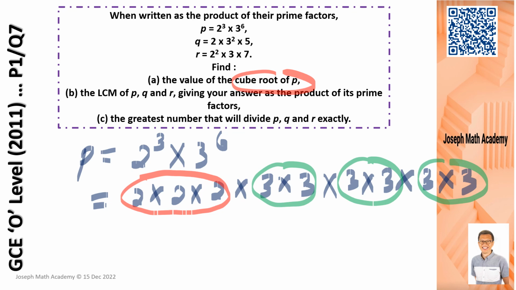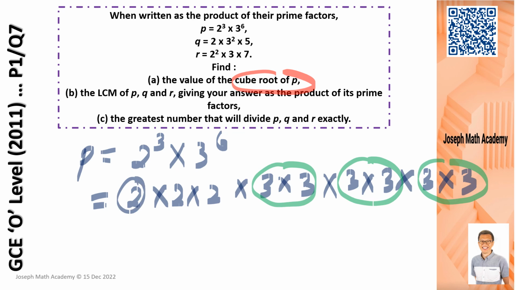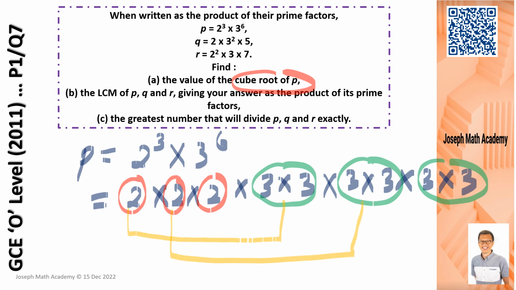Let me write this down nicer, the same as the one in green. Now we do partnering. These two form one set, these two another set, and these two another set. So we have three identical groups.